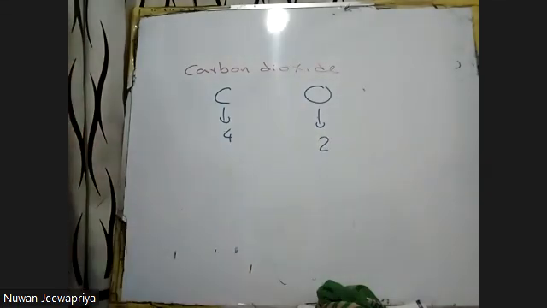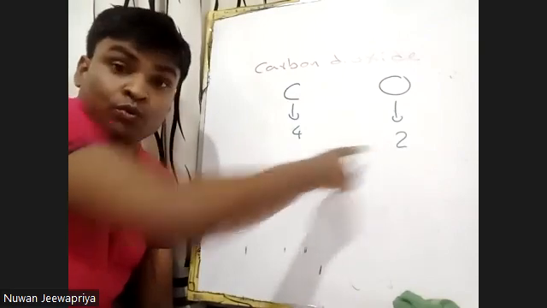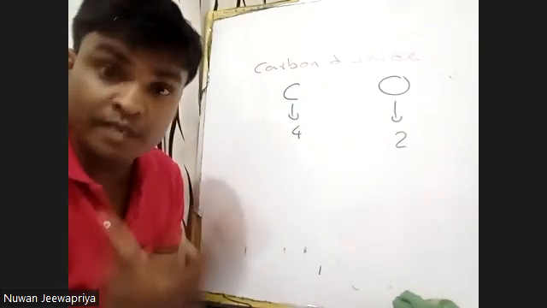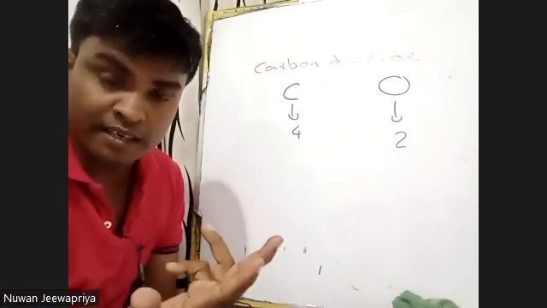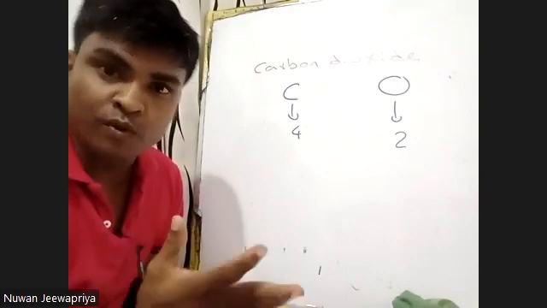Oh, this one is a little different. What's the difference? Now you see that these 4 and 2 are two numbers that can be divided further. Can we divide it again? So we have to divide until we get the simplest whole numbers.